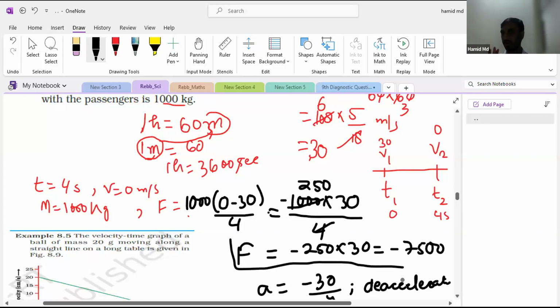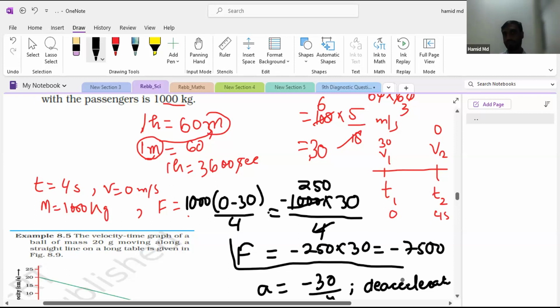Acceleration, deceleration. If something is accelerating, its opposite is also possible, right? Brake is applied, so you may say acceleration is decreasing. Acceleration, deceleration, right? Any doubt? No, sir.